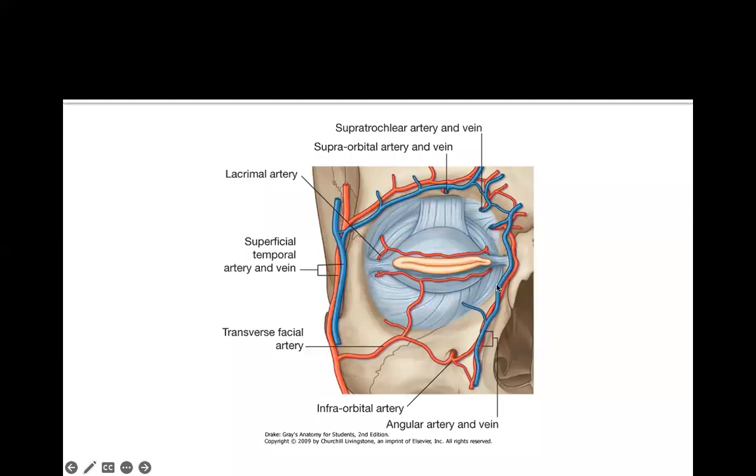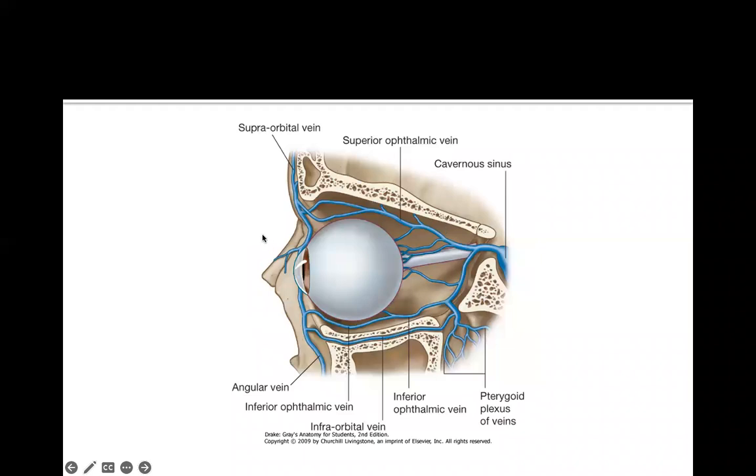The likelihood that, especially in the vein, it will drain all the way, okay? So it will drain. See, from the forehead here, it can drain into the superior ophthalmic vein all the way into the cavernous sinus. If it's down here too, the same way, it goes to the inferior ophthalmic vein and joins that cavernous sinus.